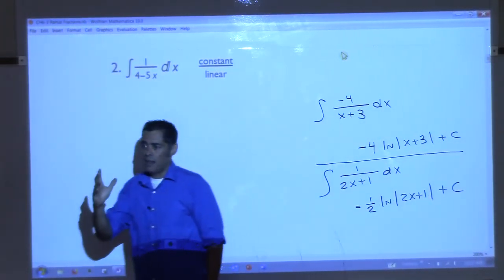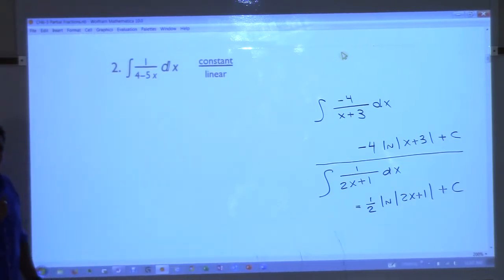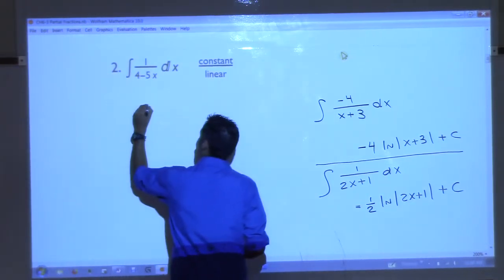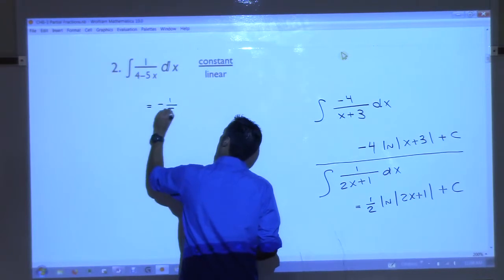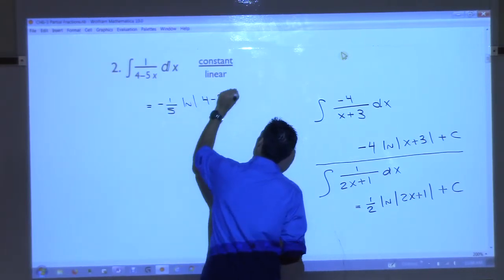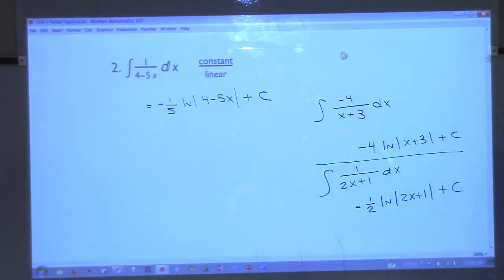And you wouldn't want that negative 5 there, so you'd have to divide both sides by negative 5. So you're going to need to put a what out in front of your answer? Negative 1/5, right? So this should just be negative 1/5 natural log of 4 minus 5x. So do you understand what I mean by we should be able to do these, but not have to actually write all that u substitution down?